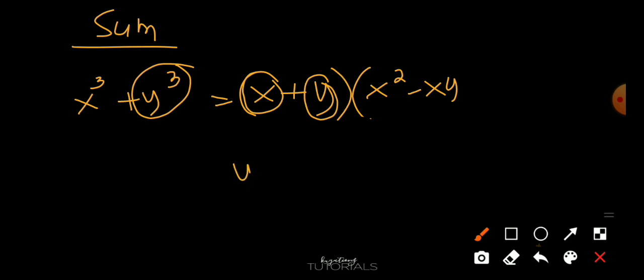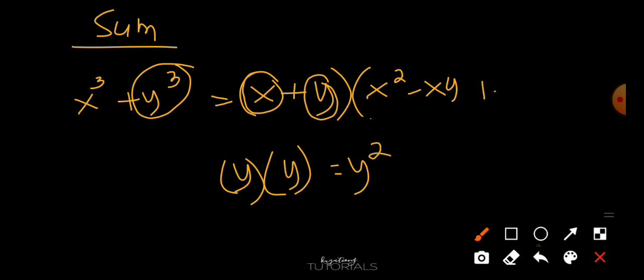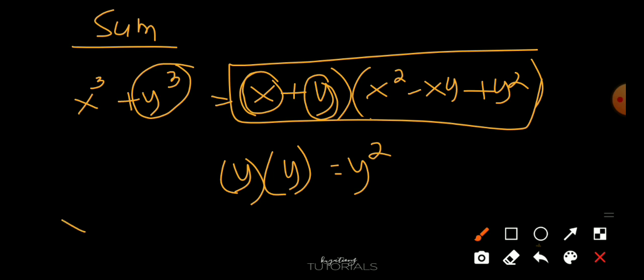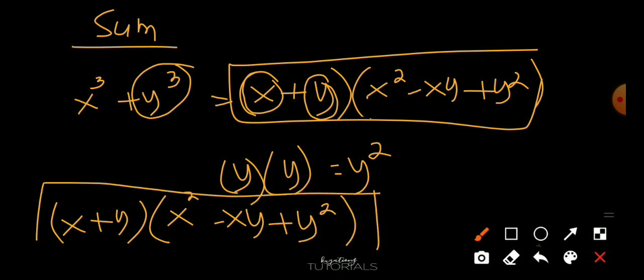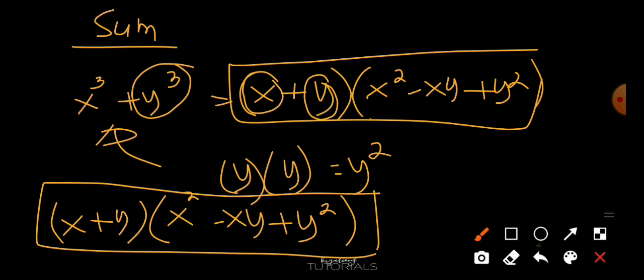So y times y is y squared. So of course it's positive man na, so plus y squared. Okay, so ang atong final answer is x plus y times the quantity of x squared minus xy plus y squared. Okay, so muna itong final answer sa kini nga given.